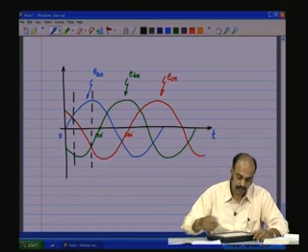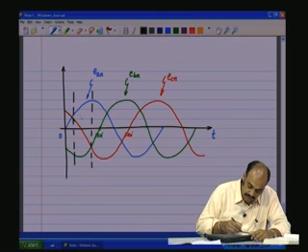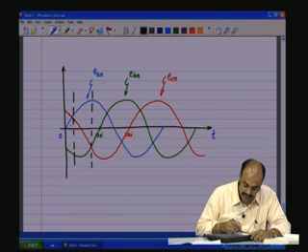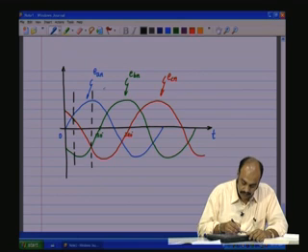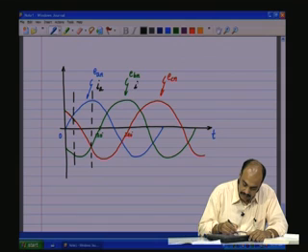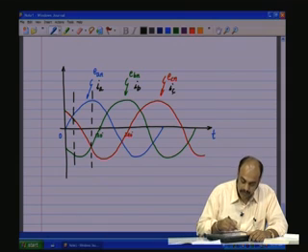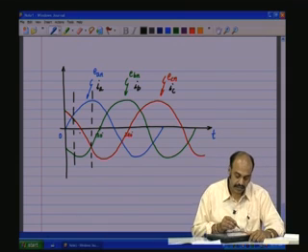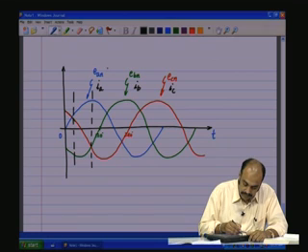And as they are passed through resistive loads, what is IA? This waveform will also be similar to IA. IB and IC will also be similar, only the amplitudes get changed by the factor of R, because all are having R's.